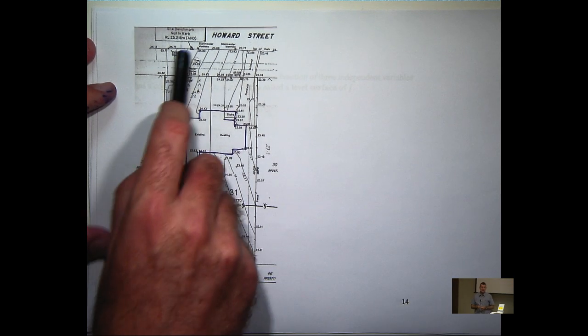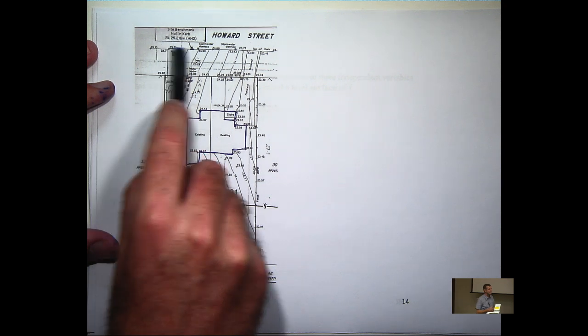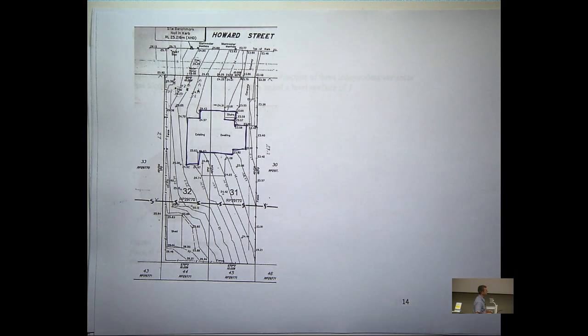Now you may think, what's this AHD up here? 25.216 metres AHD. Anybody know? Oh, who said that? Can you say it a bit louder? Do you know? Right. So with old surveying, I think they used to use sea level.